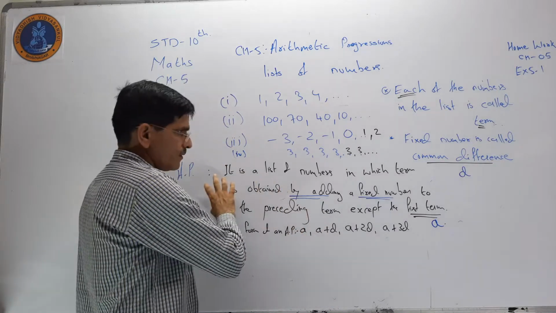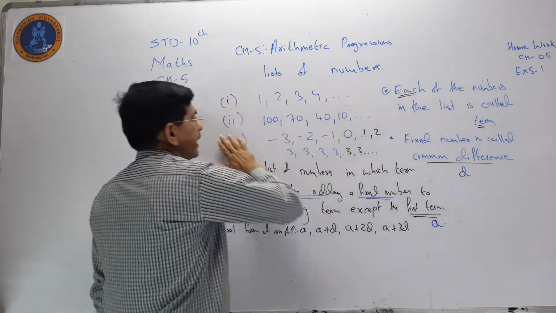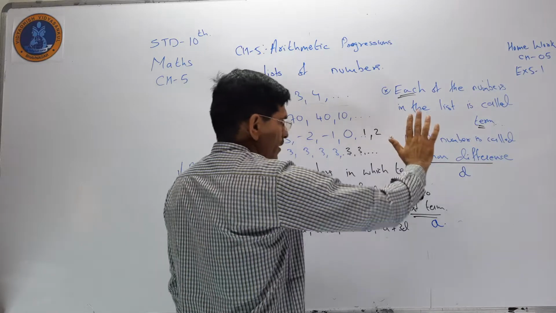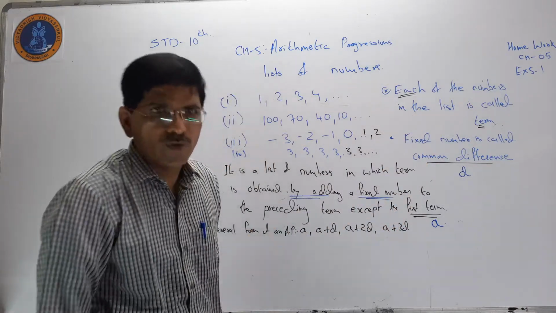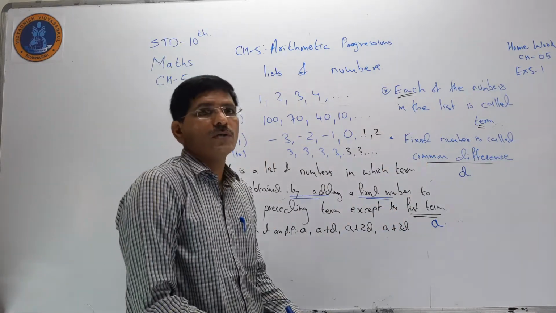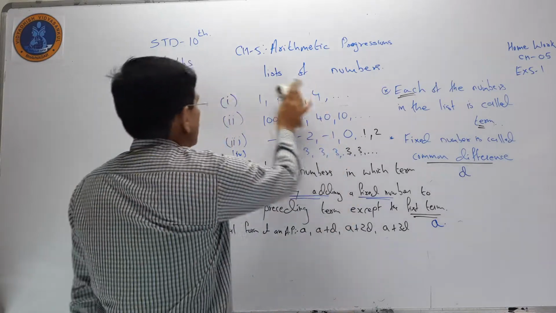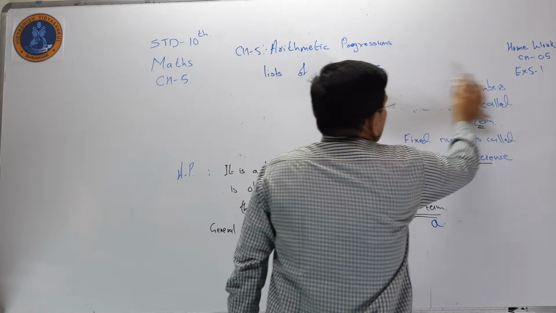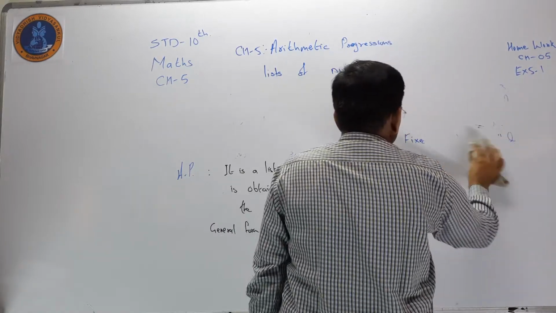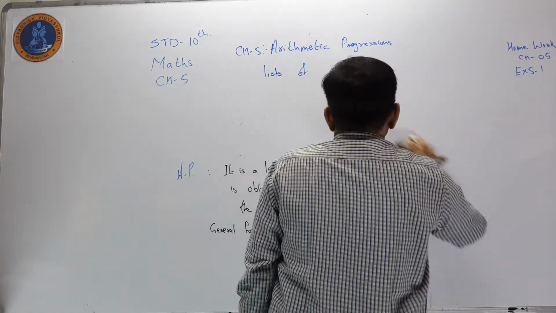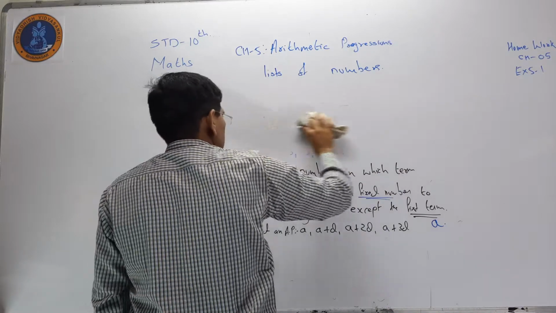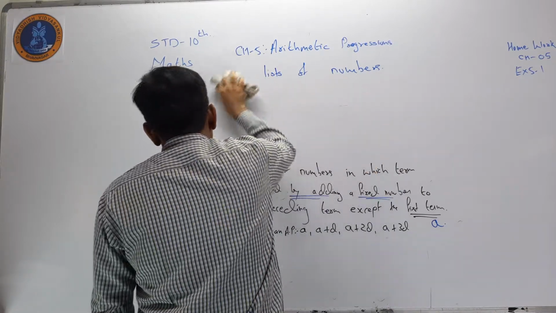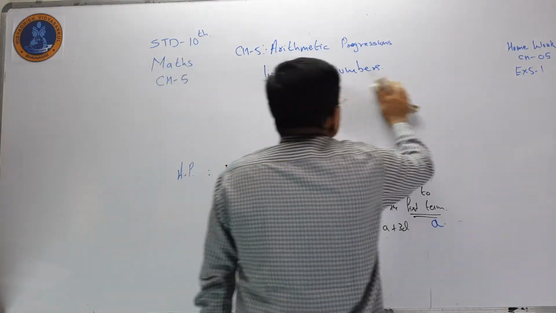I think you have to write the definition, because without the definition we cannot go through the sums. So we know that the common difference is d, and the short form of arithmetic progression is AP.